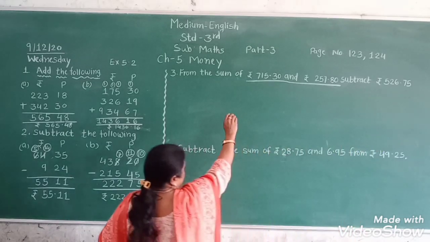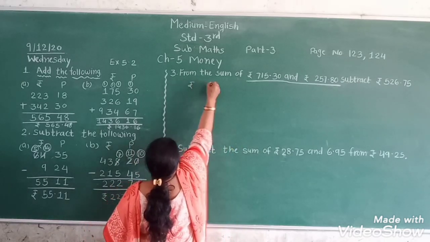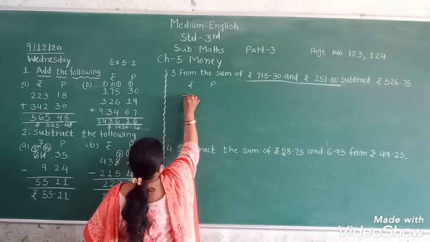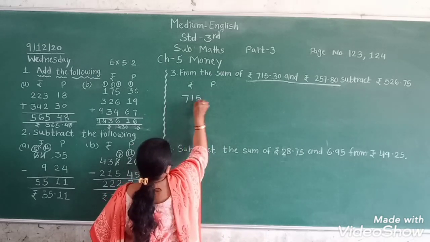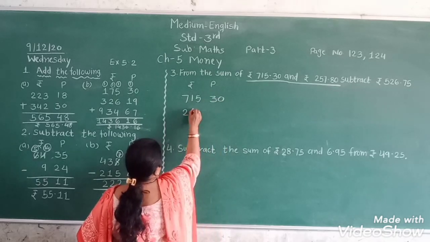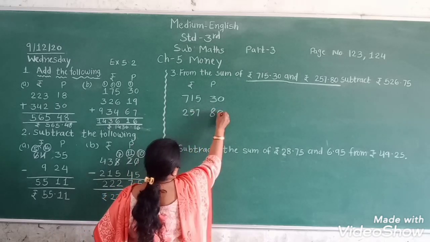First we write rupees and paise column. Now 715 rupees 30 paise, 257 rupees 80 paise.